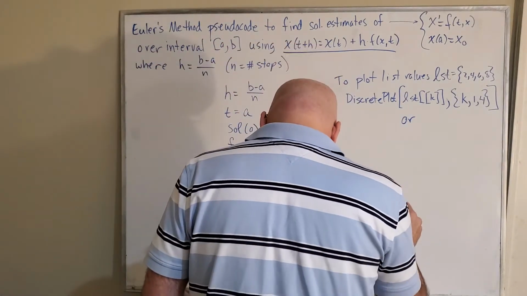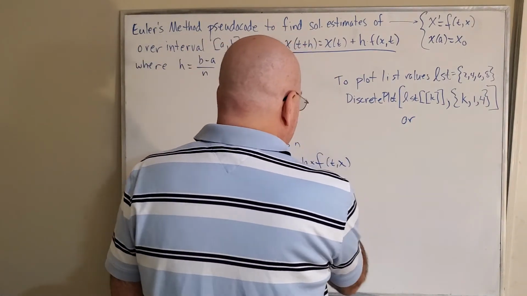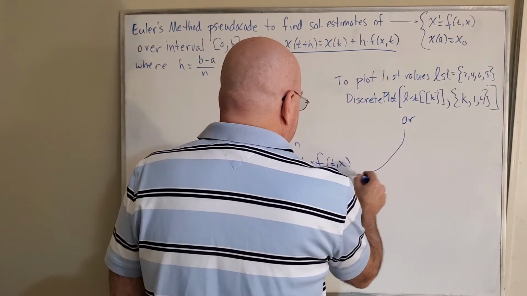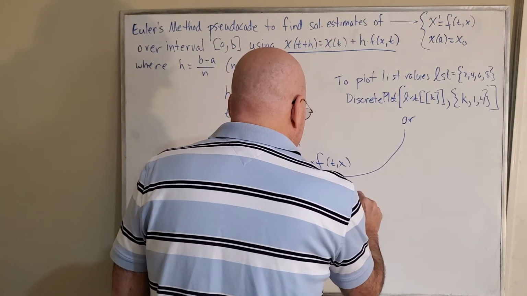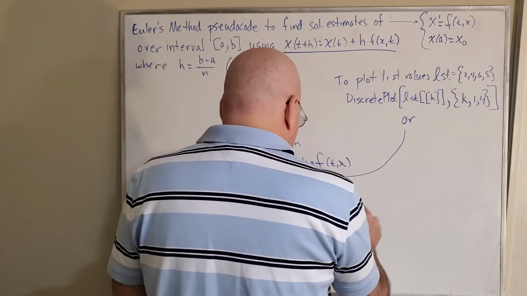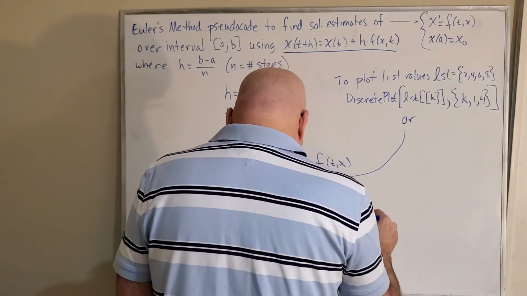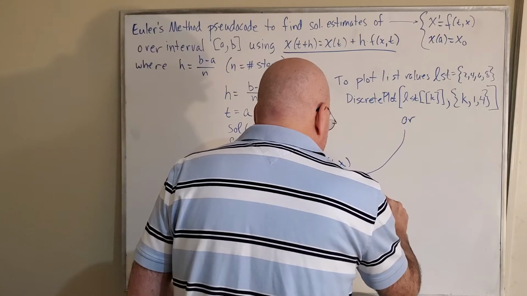You can do, see, I need a little extra room. I'm going to come way down here and do Graphics. That's the word Graphics with a capital G, and then Line.